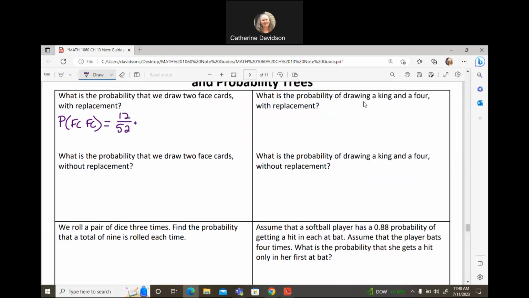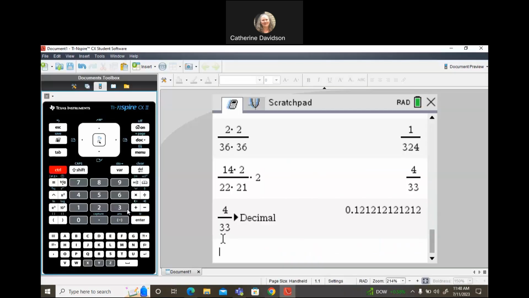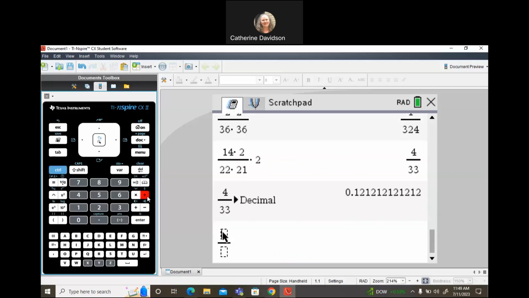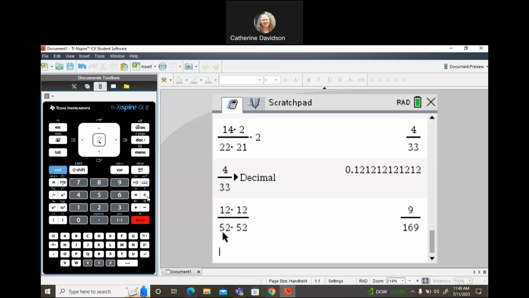But once you draw that face card, you're going to put it back in the deck, replacing it. So the probability to draw a face card on the second draw is 12 out of 52. So that's 9 over 169.